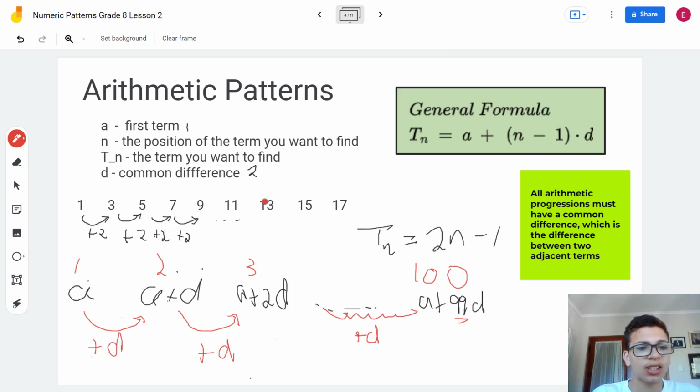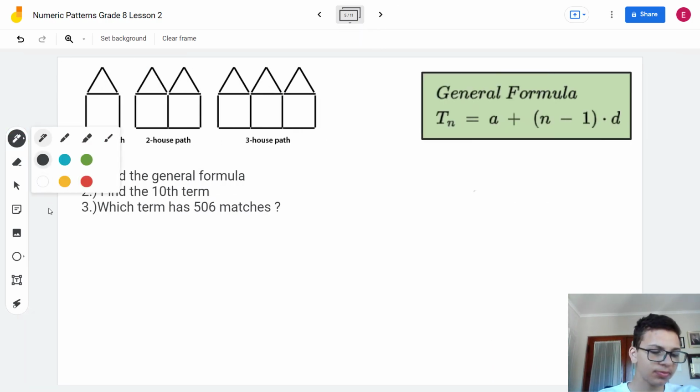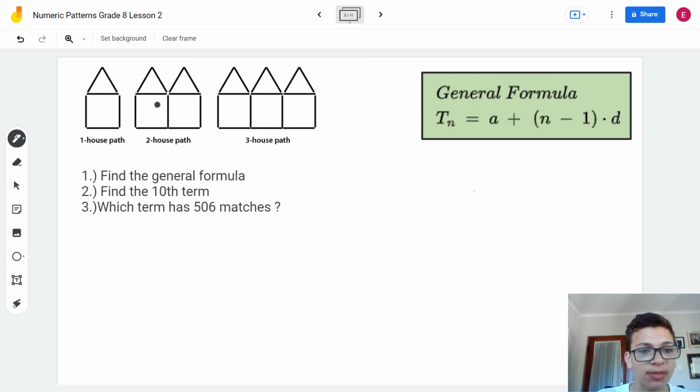If a question goes like this, they usually give you a diagram, and the diagram will have houses. This question has houses, right? So the first step is we need to try to convert this to numbers. Well, our first one will have how many matchsticks, right?